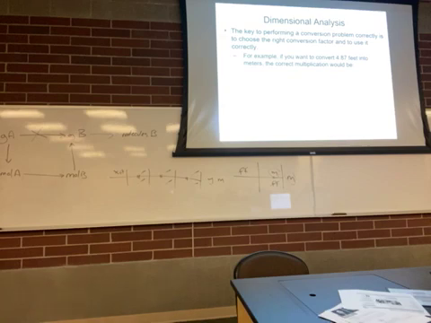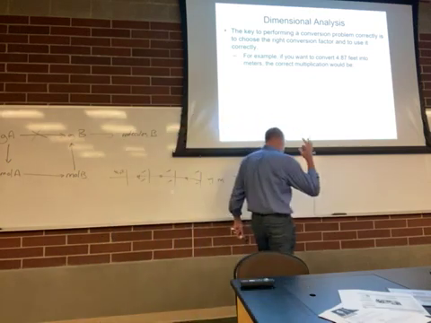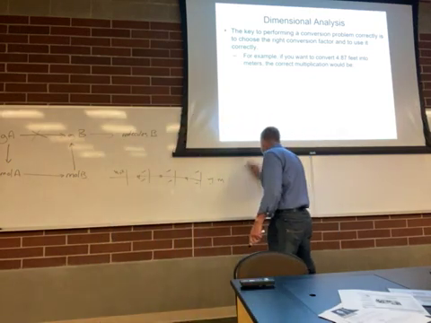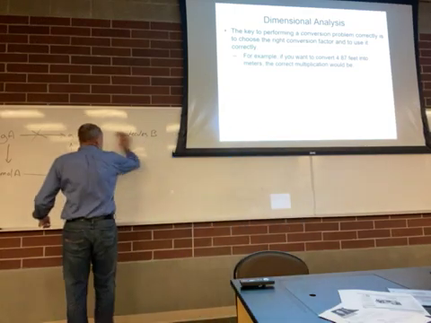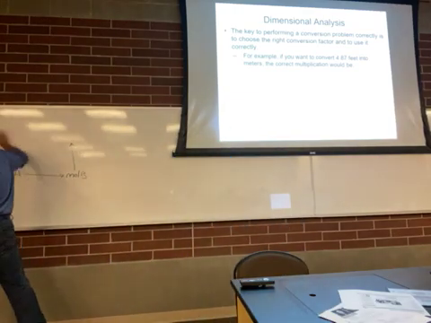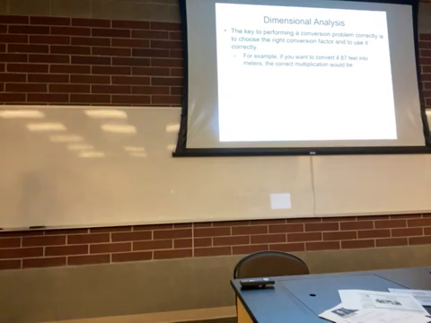So let's show an example of it. Let's say I want to convert 4.87 feet. Notice how many significant figures? 3. So with these, I'm going to have feet into meters.